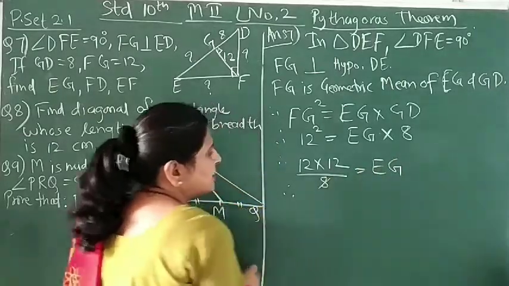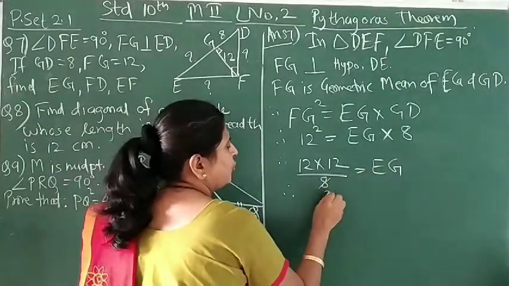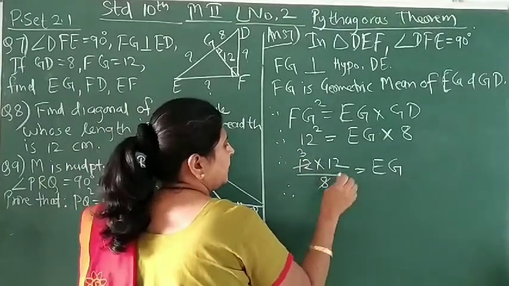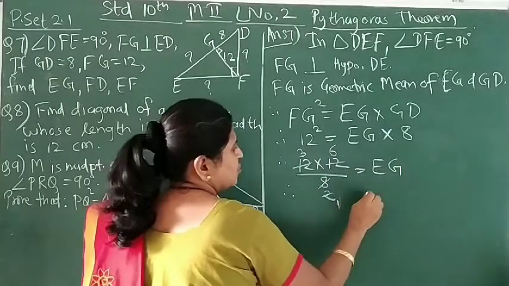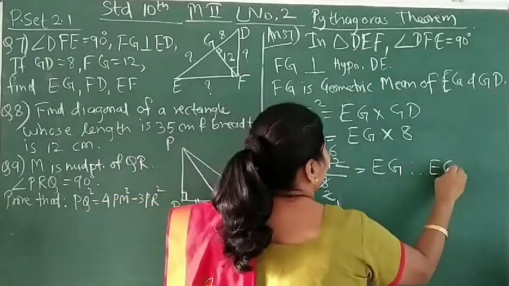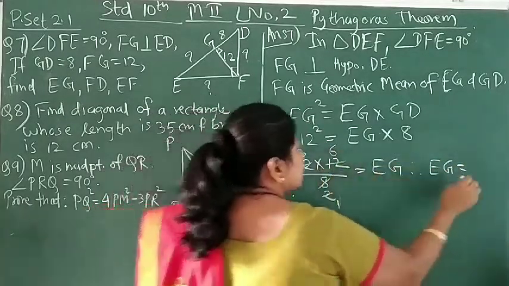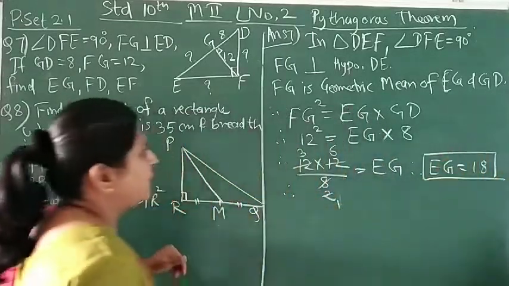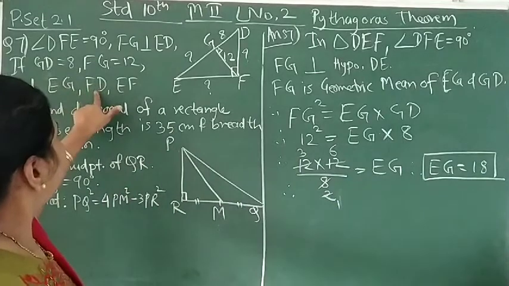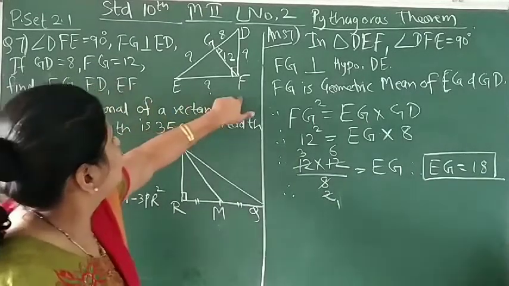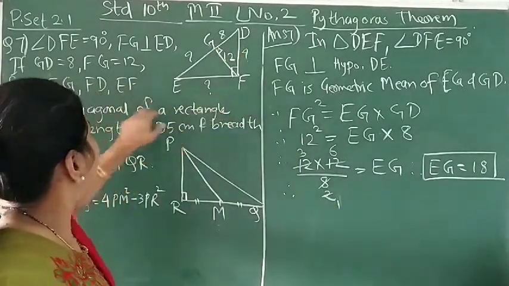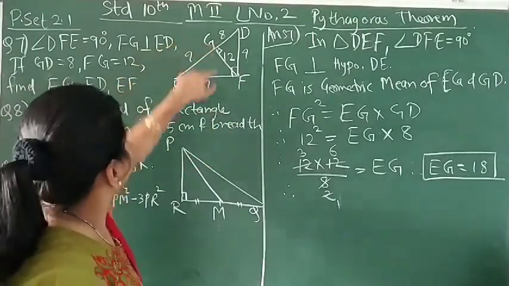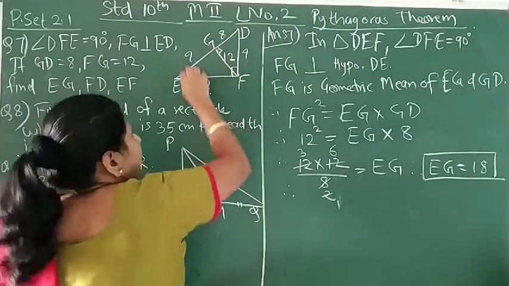So just divide this 8 by 4. If you divide by 4, 2s are 8, and here 4 3s are 12, 2 1s are 2, write it down, and 2 6s are 12. So you get EG is equal to 3 into 6, that is 18. So we got our first answer, the length of segment EG. Now to find FD, how can we find it? Now when you add EG and GD, you can get DE.